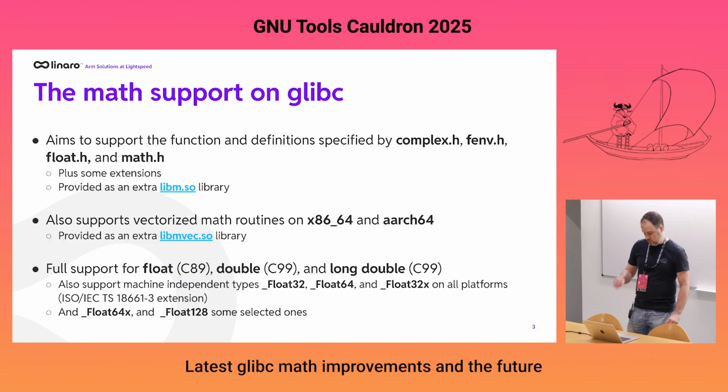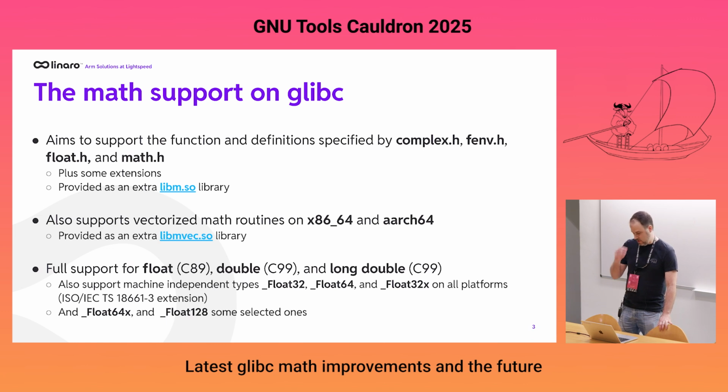And we do support some extensions. For instance, on x86 and ARM64, we support libmvec. They are not really paired together. They are developed independently and with different projects, but they are supported in full.